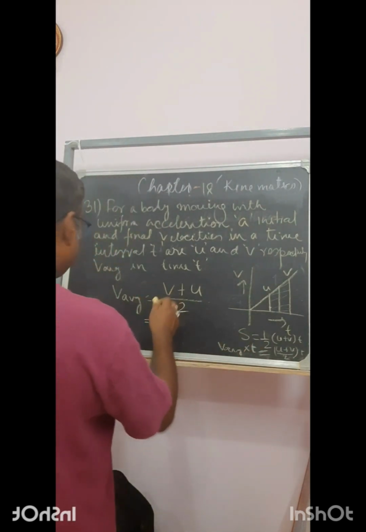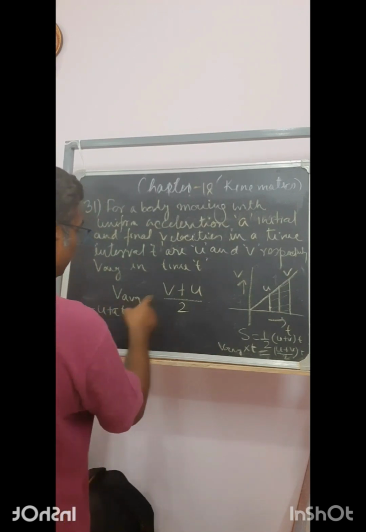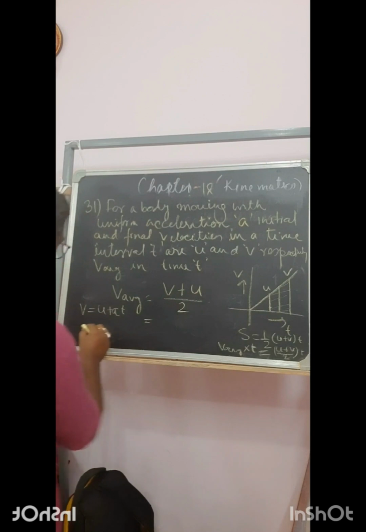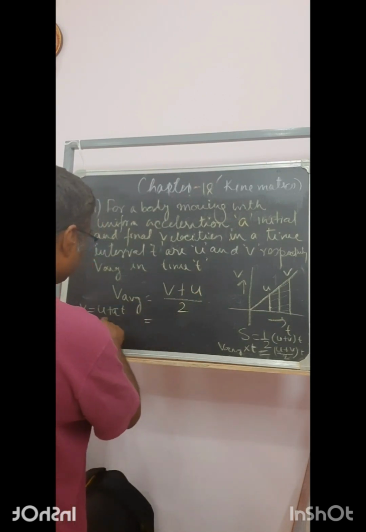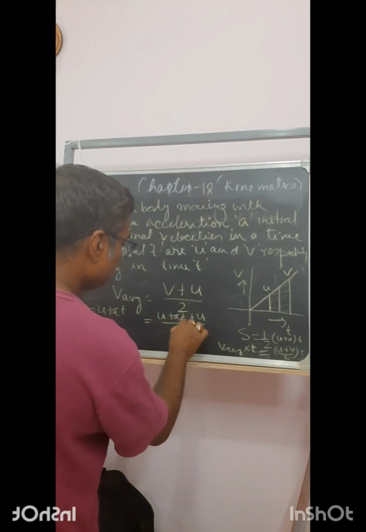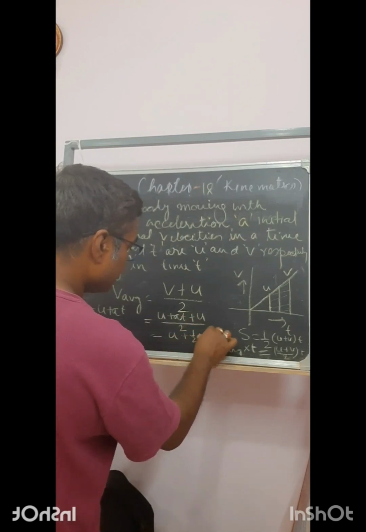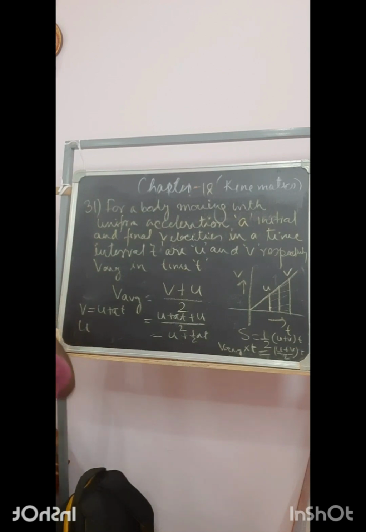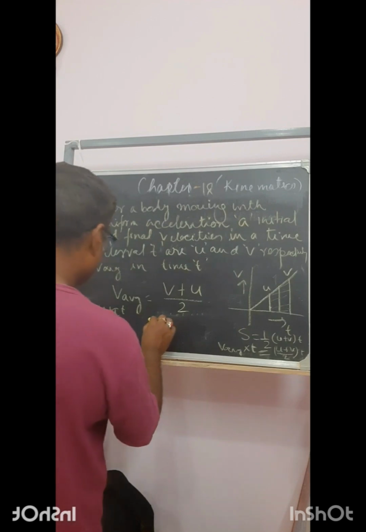So v is equal to, from the first equation, u plus at, with constant acceleration for time t. Now if I put the value of v here, what you get is u plus at plus u, that will give you 2u plus at, which means u plus half at. That would be one condition. Or you can put it in terms of v also, whatever choice is given.